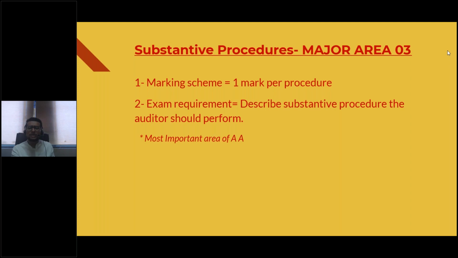So we all are clear with respect to the marking scheme: 1 mark per substantive procedure. Now what would be the exam requirement? The exam requirement will be the same, and that is: describe the substantive procedures the auditor should perform in order to verify the depreciation expense, the revenue, the receivable, maybe a certain claim made by the customer against a kind of warranty claim, or describe the substantive procedures the auditor should perform in order to verify the revaluation surplus created by the client during the year.